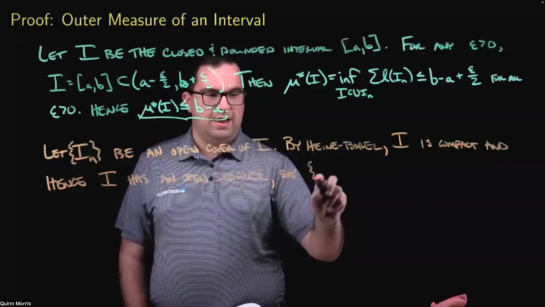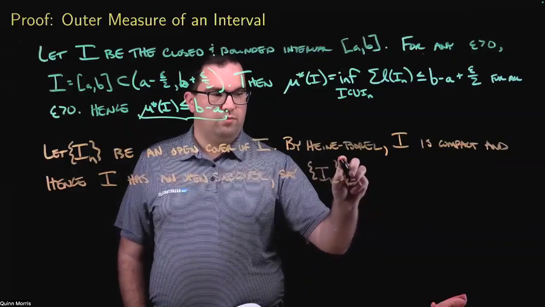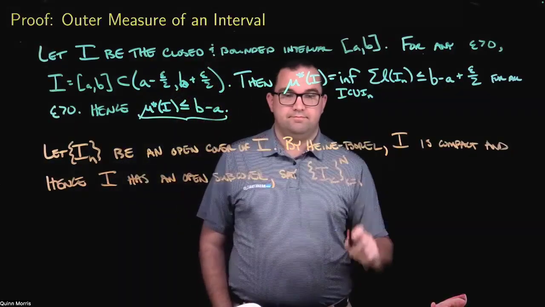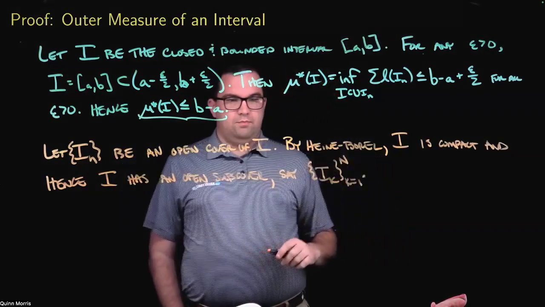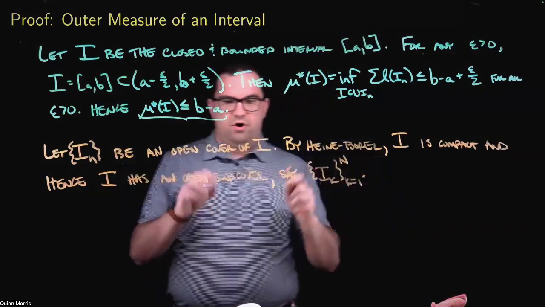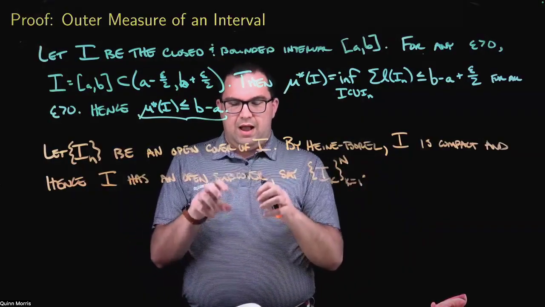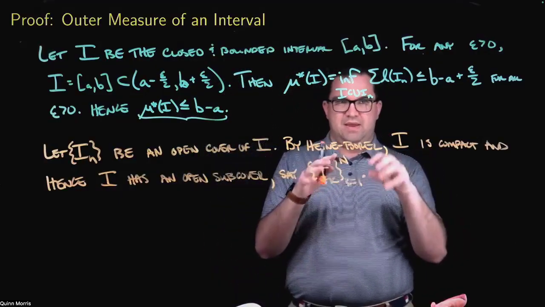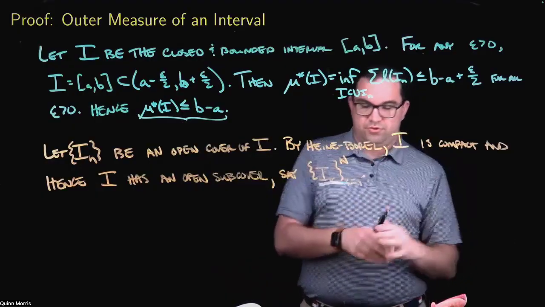And we're just going to call that I sub k, with k going from 1 up to some capital N, but it's finite now. Now, I'm going to have all these intervals in my subcover, this finite number. I want to order them in a particular way. I have a finite number of them, and I want to pick them so that there's a particular one that's the first one and the second one and the third one.